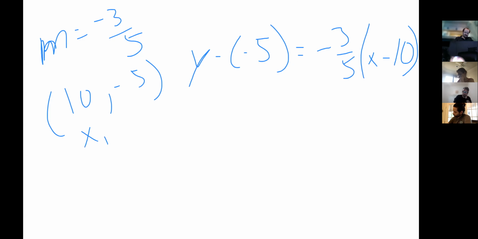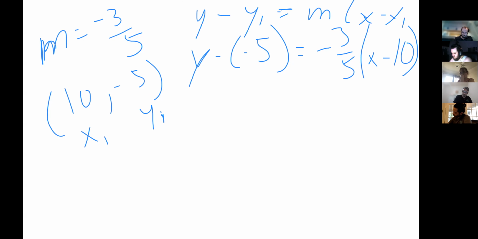And I didn't do it in the last one, but if you have to, put x1, y1 to remind you that that's x1 and that's y1. This is the equation y minus y1 equals m times x minus x1.